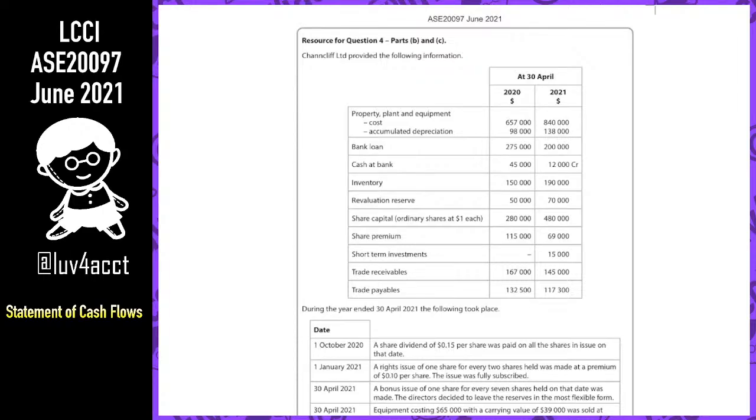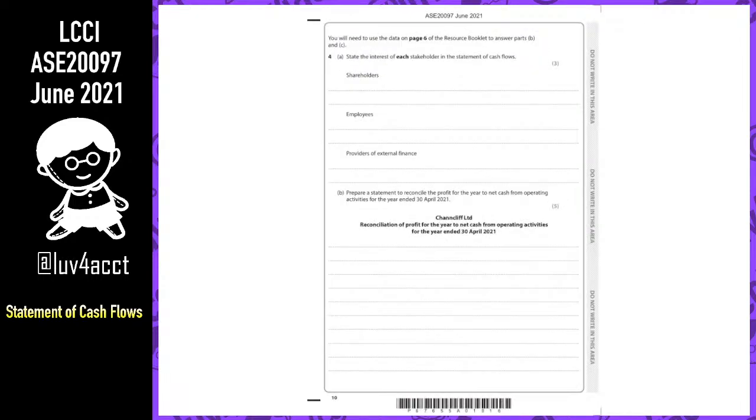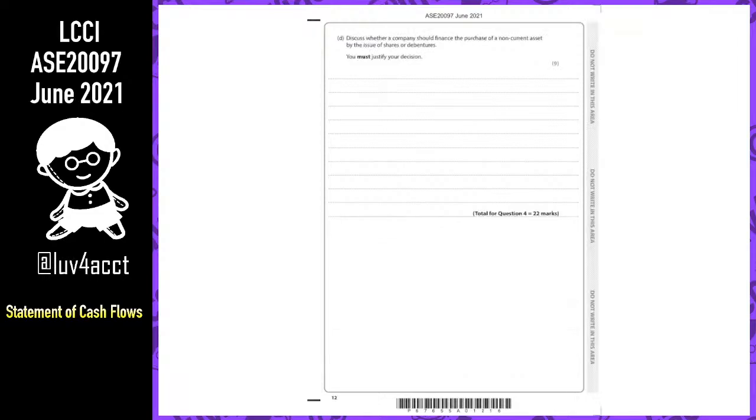And then we are given some transactions that have taken place during the year. What we have to do is to state the interests of each stakeholder, and then do the reconciliation of the profit to cash flows from operating activities, and then the whole statement of cash flows. 9 marks.